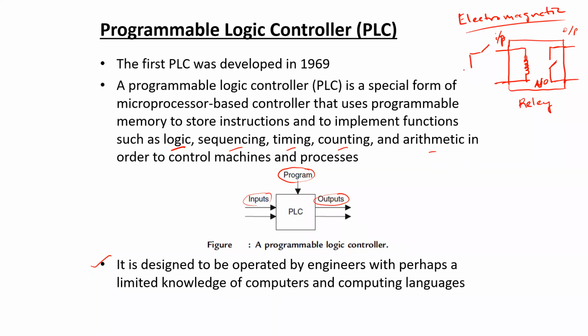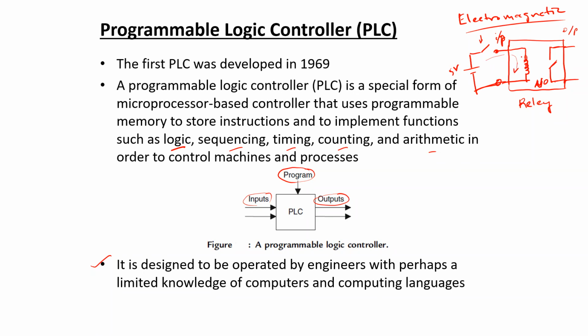For example, if we have the input terminals connected with a DC power source and a switch, so if some user or operator presses this switch or closes this switch, then some current is going to flow through the relay coil.